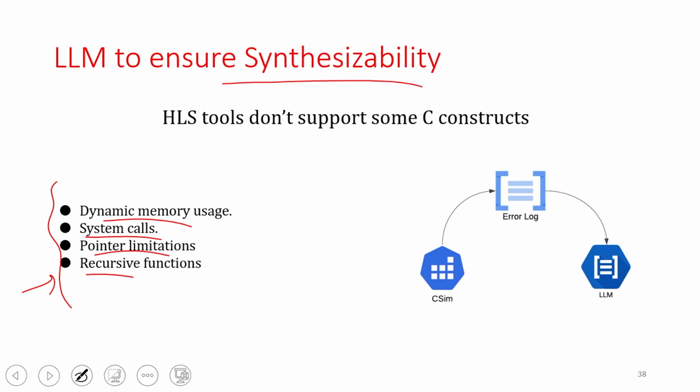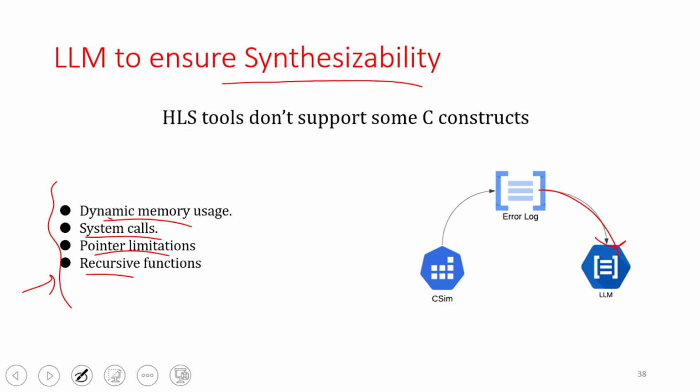So, what we do is we run it in high level synthesis and it will tell you these are not supported, and those error messages we give to LLM, right. We do not identify anything manually, we just give the code to HLS, it will say no, I will not be able to handle your line number 50, line number 71, line number 32, because there is a malloc there, there is a system call there. All these things HLS will give me, right.